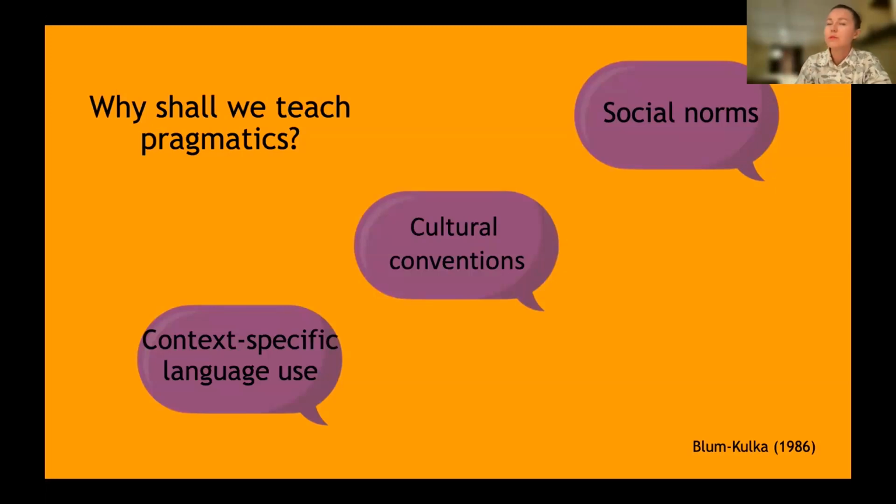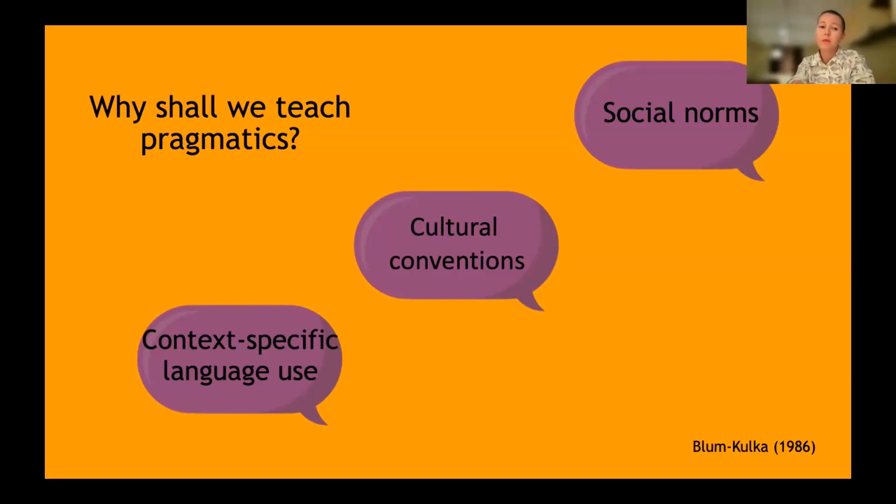Or the student misinterprets indirect speech acts such as sarcasm or irony. Also, the student can use language that is too direct or too indirect in the given context, for example, making a blunt request in a polite setting.